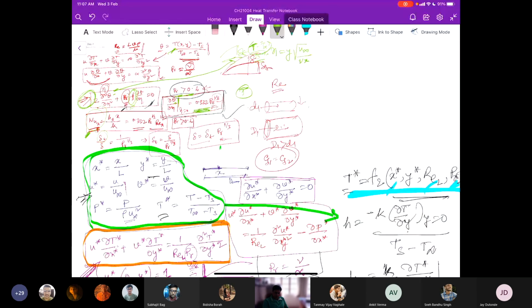So f again has a form, something like this, and this is a stream function.